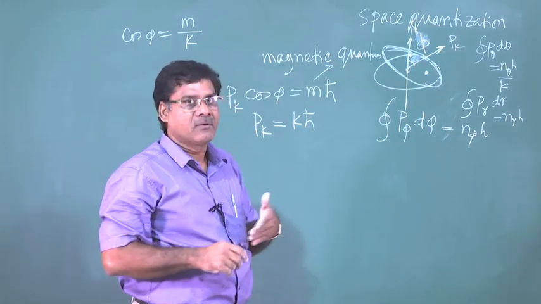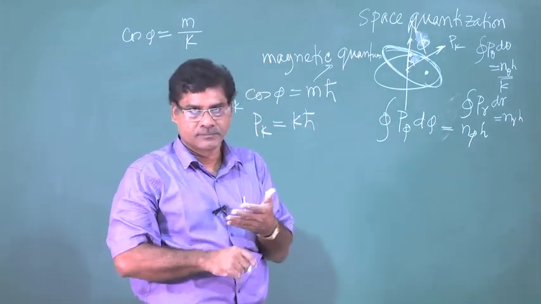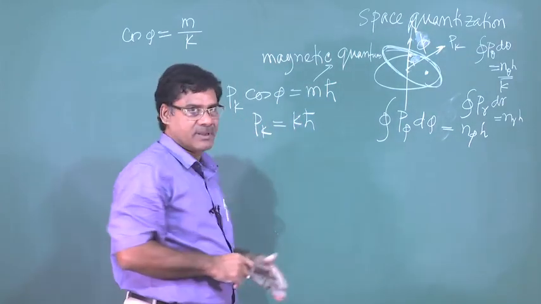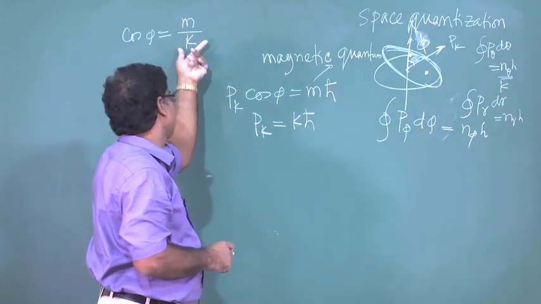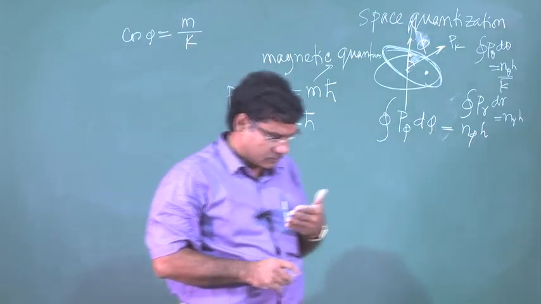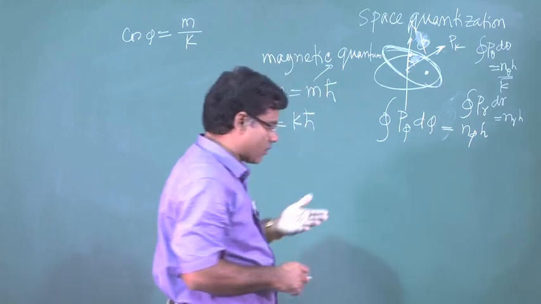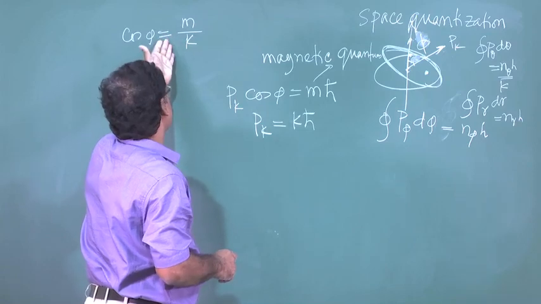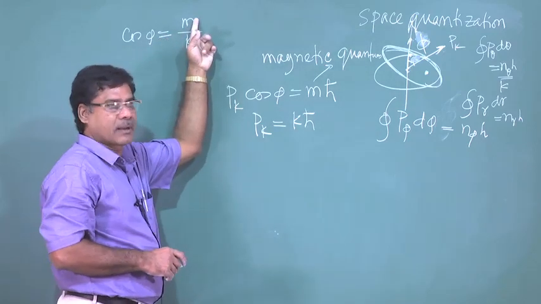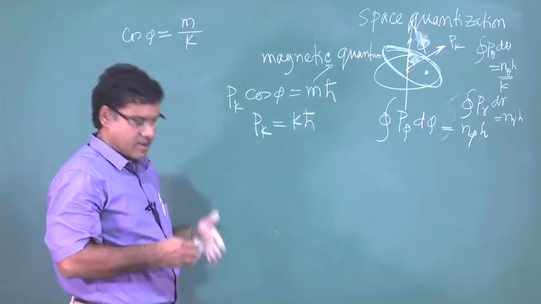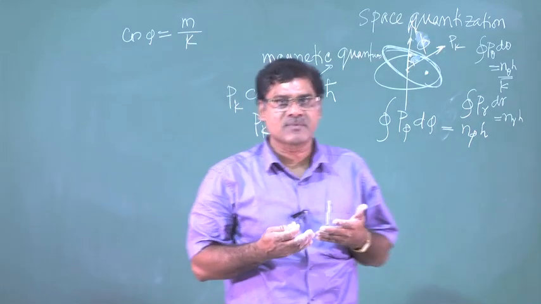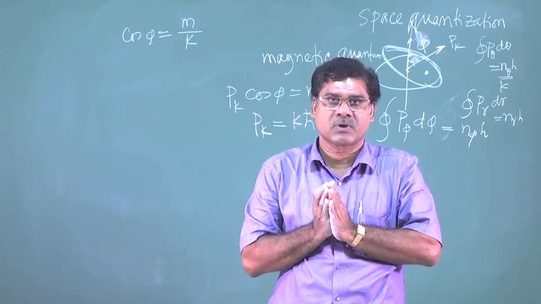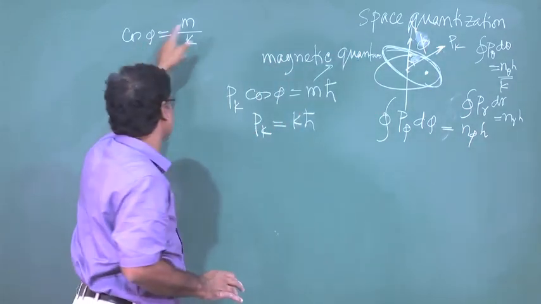For a particular value of n, we know n values of k will be there. Now, for a particular k, for a particular angular momentum, it is again quantized in space, and this quantum number has come. Okay. Now, the maximum value of cos phi is plus minus 1, the limit value, and 0 is also possible. So, when cos phi is 0, m will be 0.